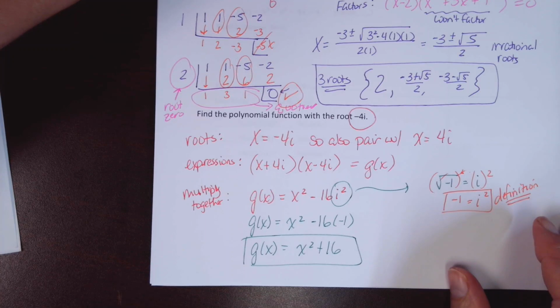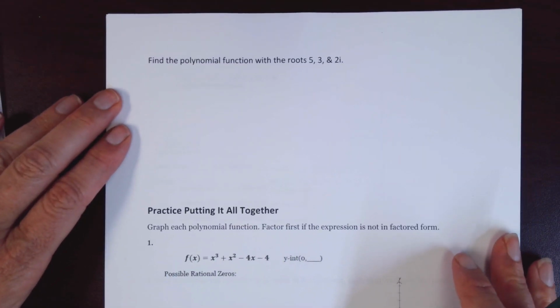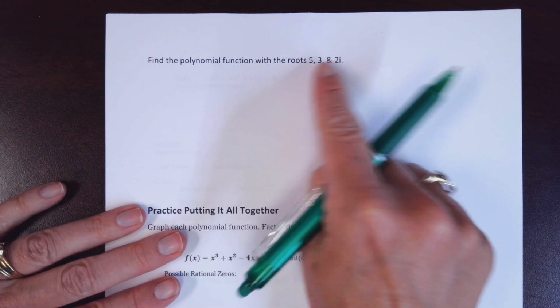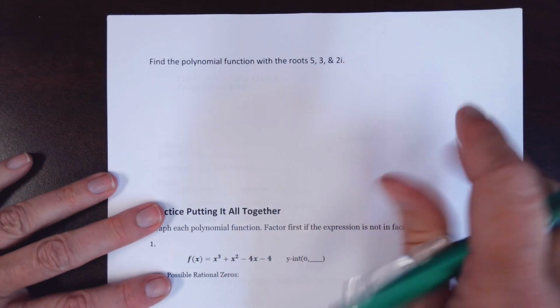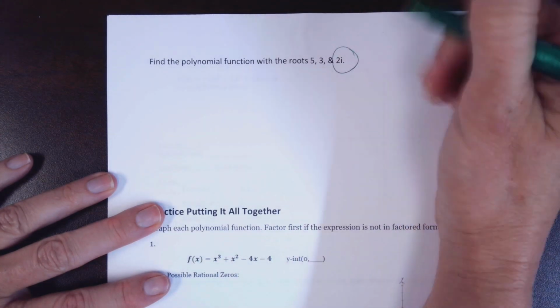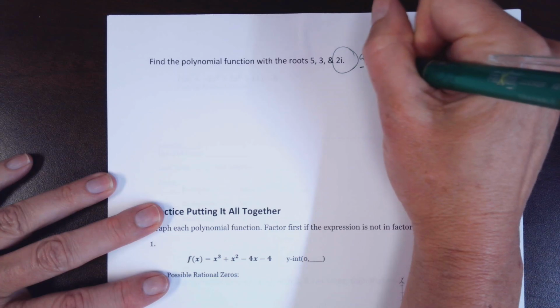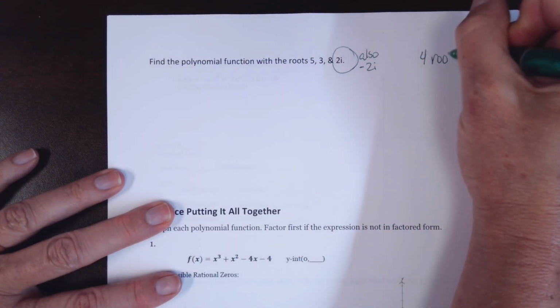All right, let's look at another. This time I'm going to have a bigger polynomial function because I was given 1, 2, 3 roots. Are those the only 3 roots I have? Well, no, because if I have 2i, I also have -2i. So I know I have 4 roots.